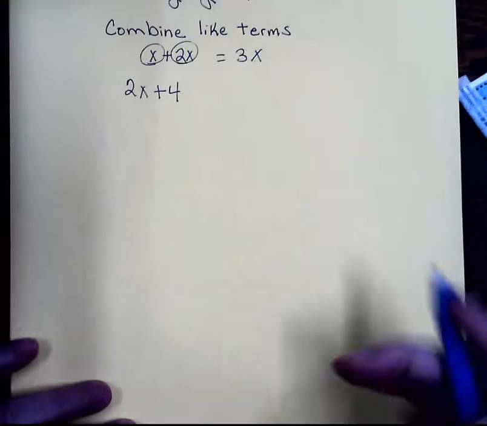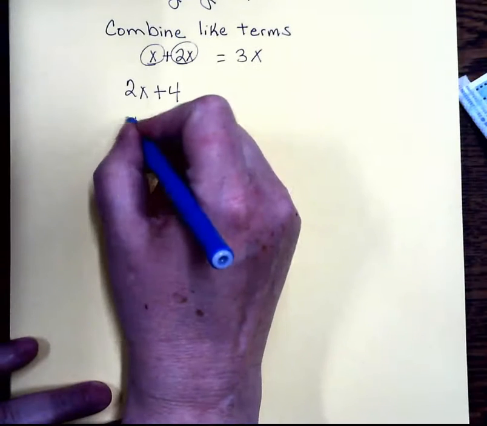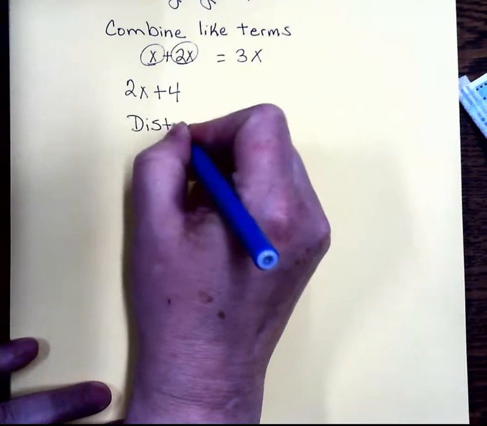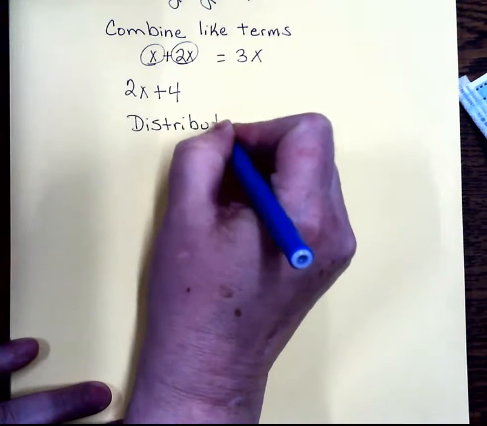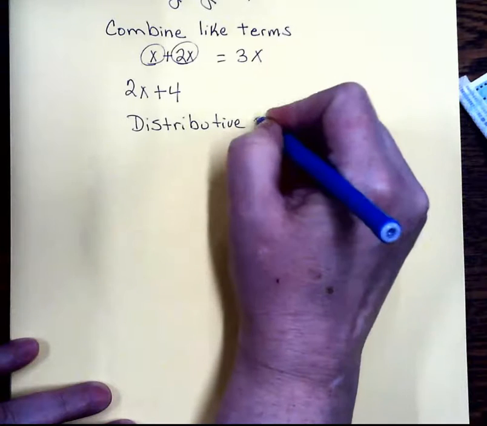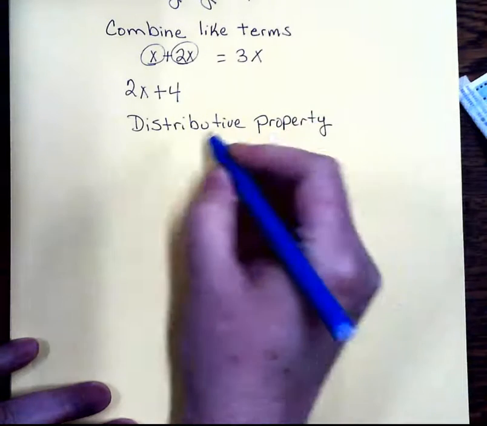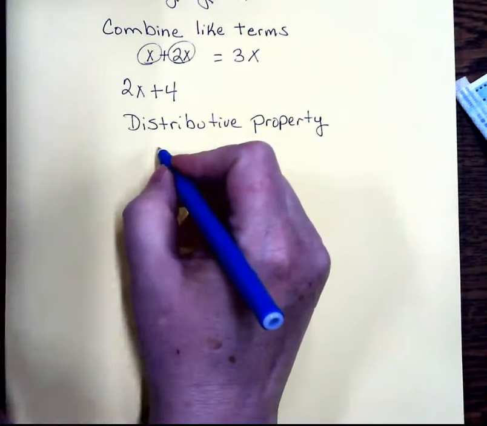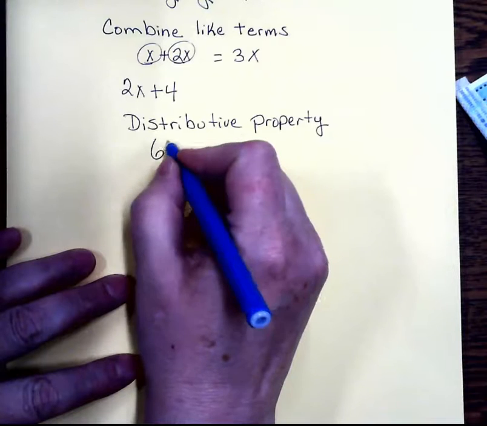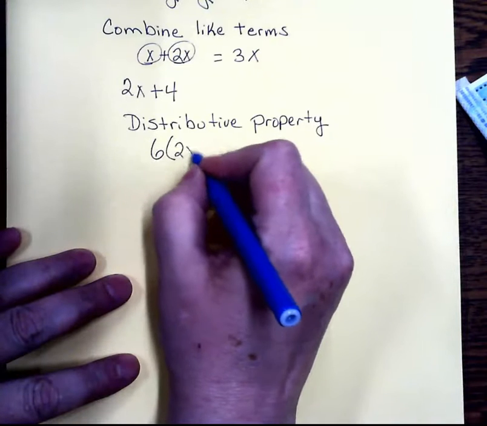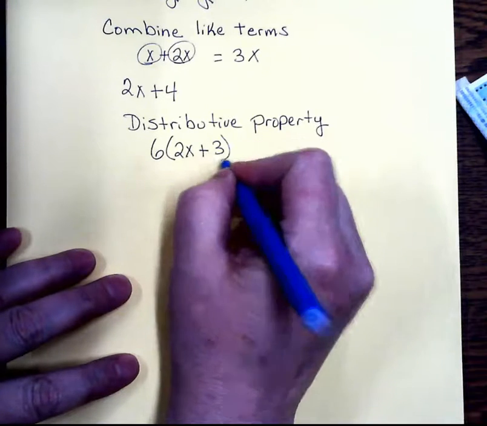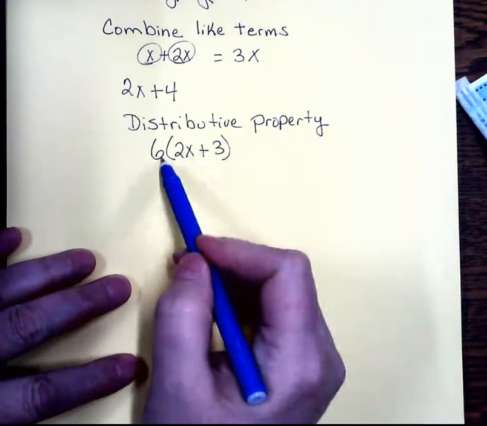We also have distributive property. The distributive property is when you have a number in front of parentheses. And what this means is I need 6 of all of this inside.